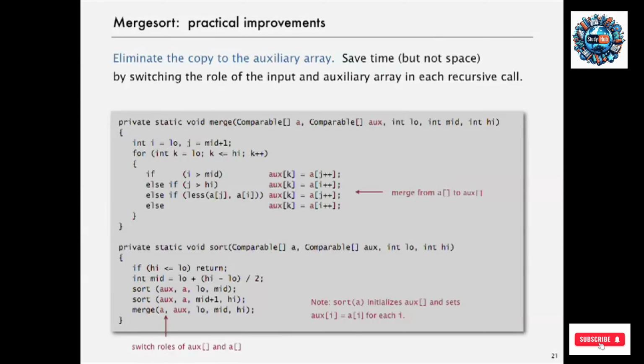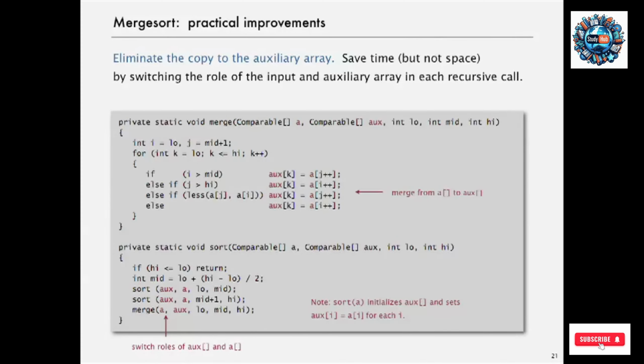The other thing that's possible to do, and it's a little mind-bending, so recommended only for experts, is to save a little bit of time. You don't really have to copy over into the auxiliary array. You can switch the role of the input and the auxiliary array every time you make a recursive call.